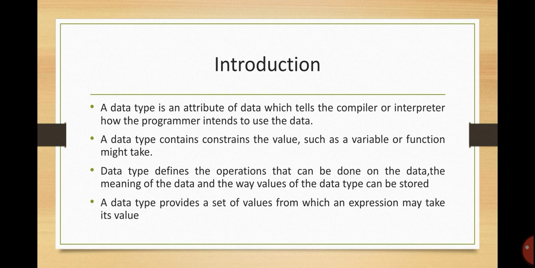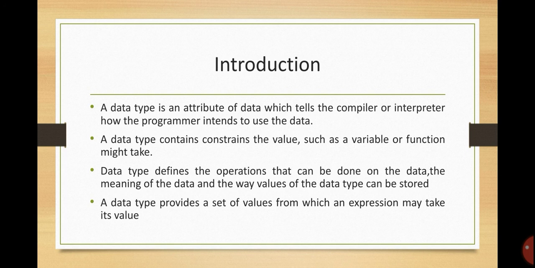What does that particular data mean? Is it a whole number? Is it a floating point number, that means it's a decimal, or is it a sequence of characters, etc.? And also, data type provides a way that values of that type can be stored.